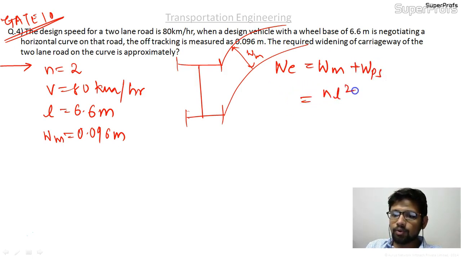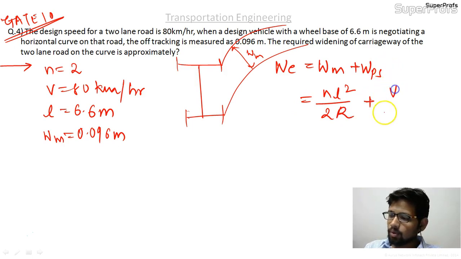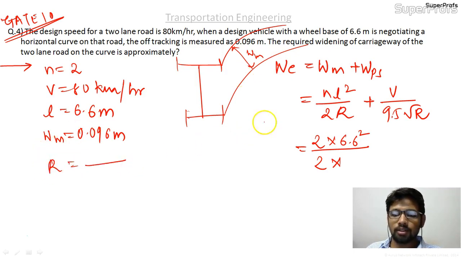Mechanical widening is NL square upon 2R, plus psychological widening, which is V upon 9.5 root R. N is 2 for a two-lane road, and the length of the rigid wheelbase is 6.6, squared, upon 2 into R. R is missing, so R is not known to us. I'll leave the space for R blank.